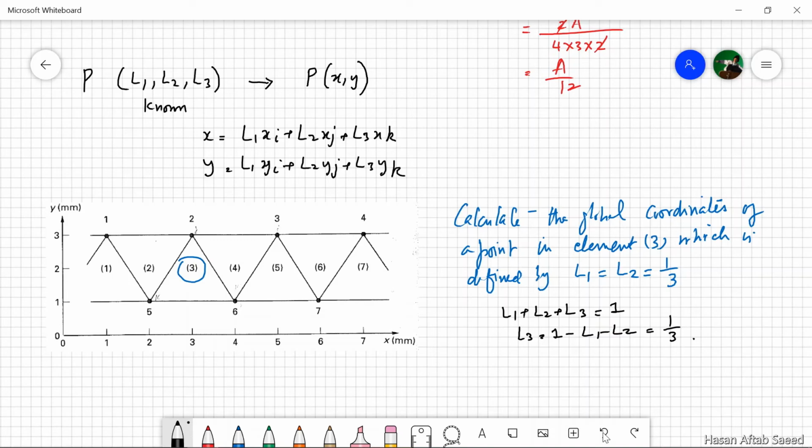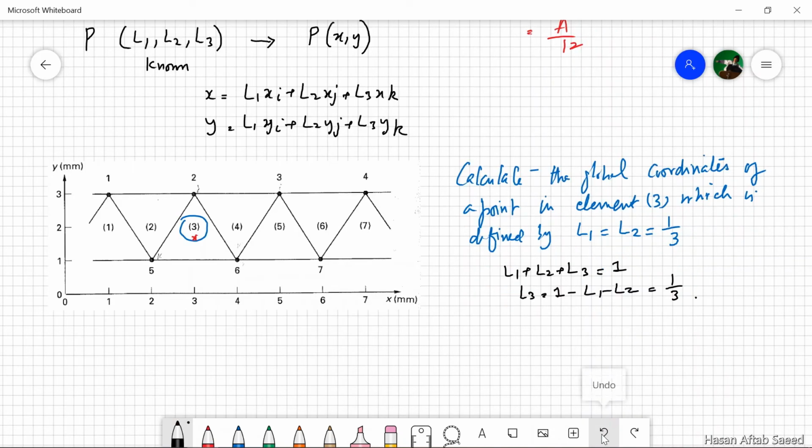So L1, L2, L3 are 1 over 3. In other words, we are talking about the centroid of this element. The centroid will be somewhere around here. But we don't know the exact location of the centroid. That's what we need to find out.